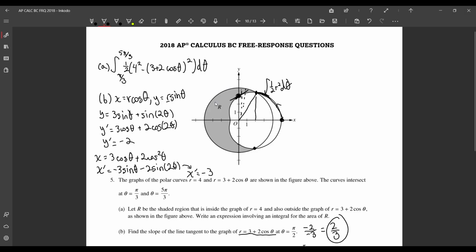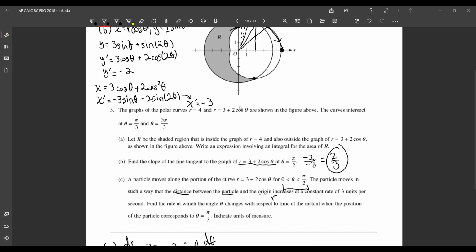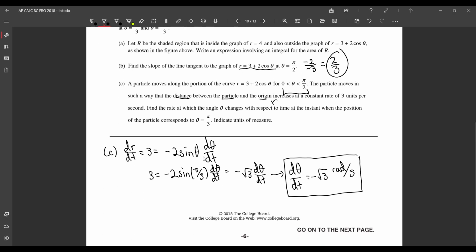The circle is a constant r. Here the graph is at a lesser r value, and then they intersect, and then here it's at a greater r value. So for r to be increasing, you have to be going along this way along the curve, which corresponds to moving negative in the theta direction. So that looks good.